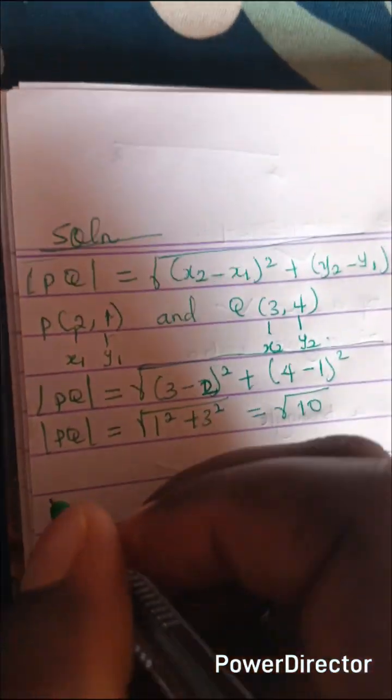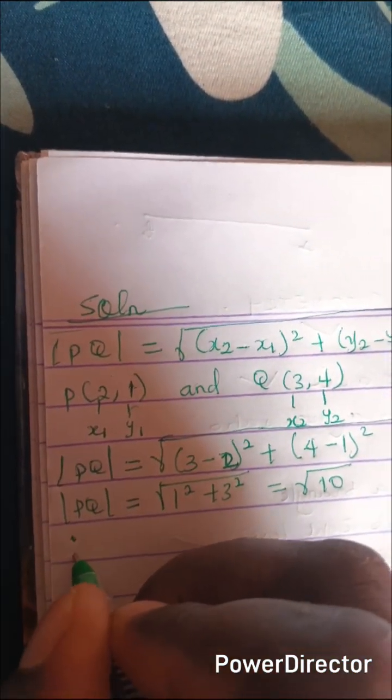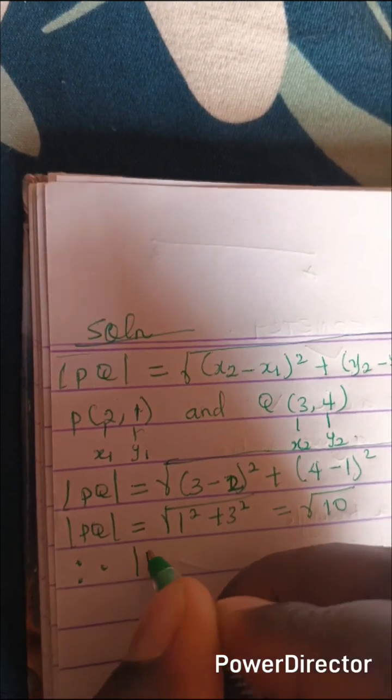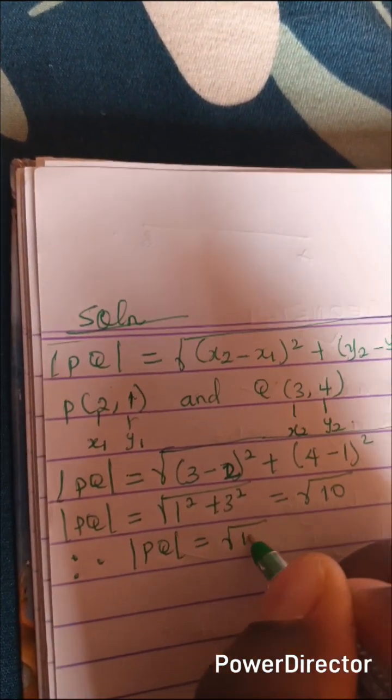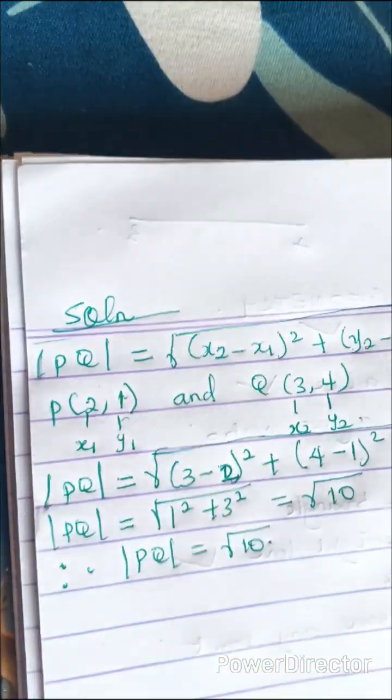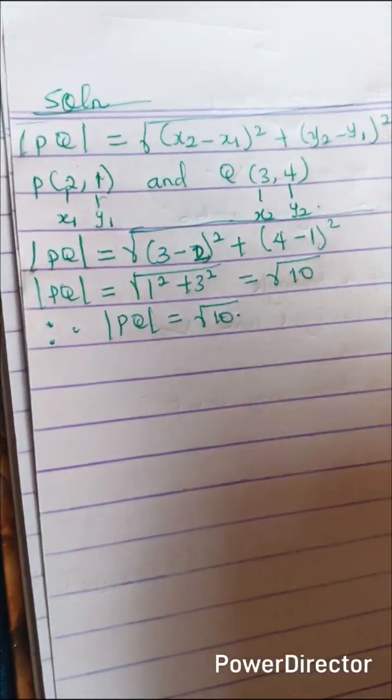So therefore, the distance between P and Q is equals to square root of 10. And that's the end for 1A.